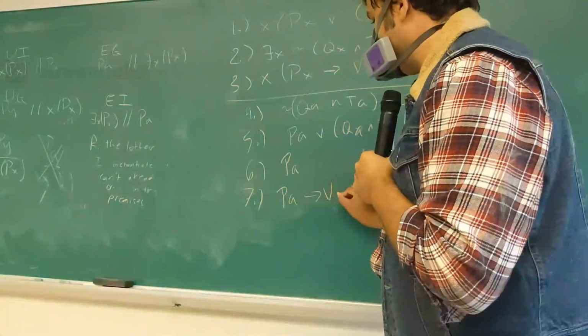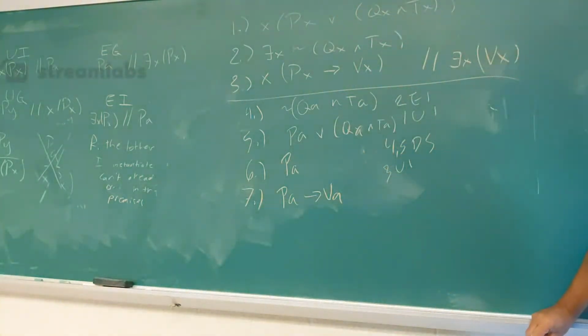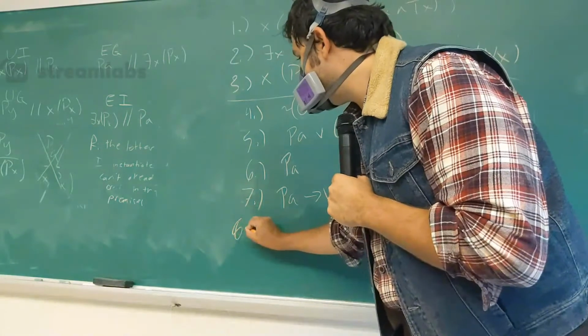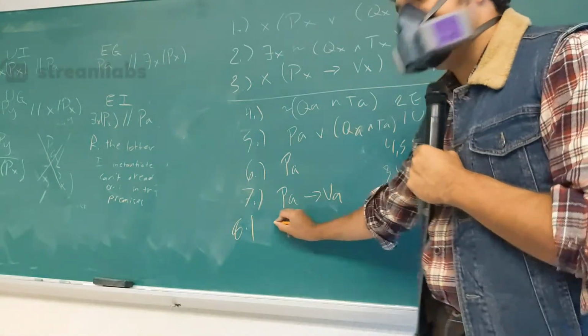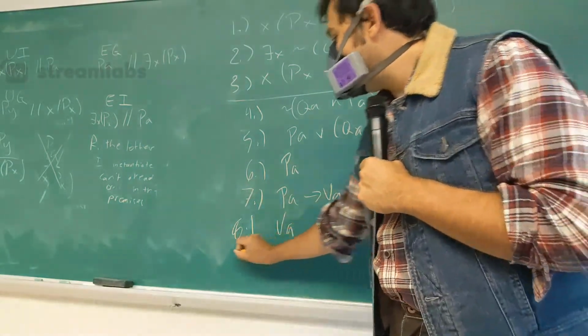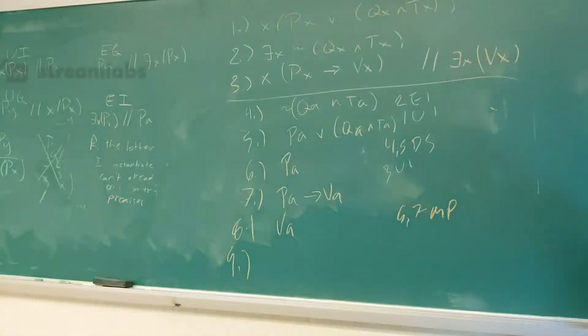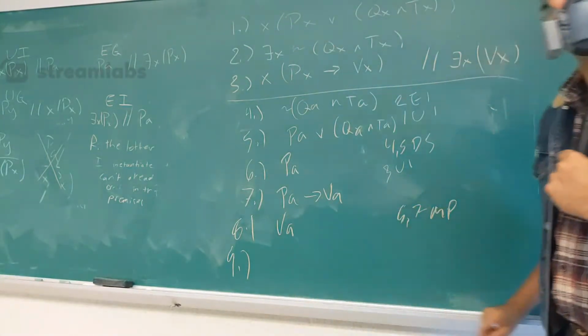And then MP. So it'd be 6, 7, MP. And that'll give you BA. Conclusion? How can I get to that from this?